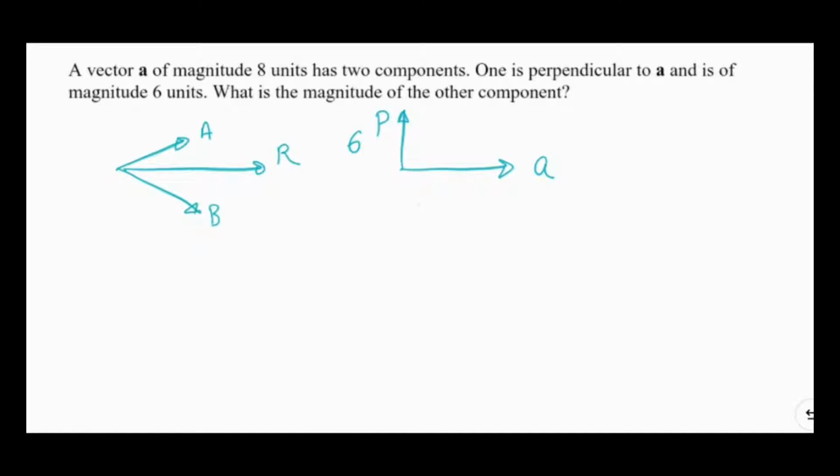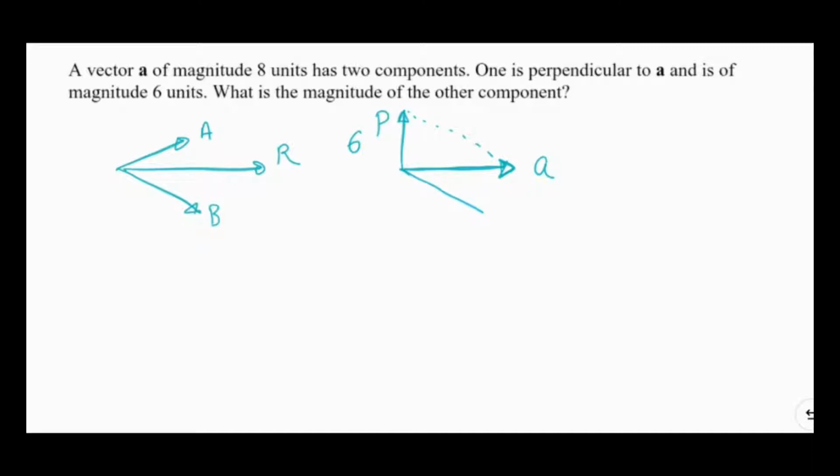So by the vector law of addition, by the parallelogram law, the addition of two vectors should be along the diagonal of the parallelogram. So I should get vector A as the resultant, and that's why A should be the diagonal of the parallelogram.